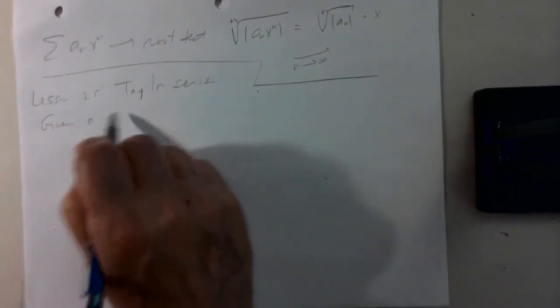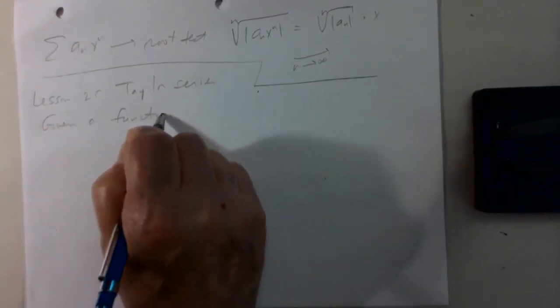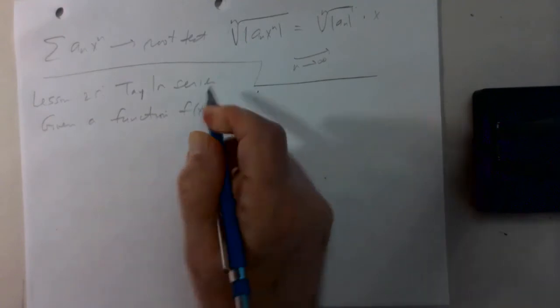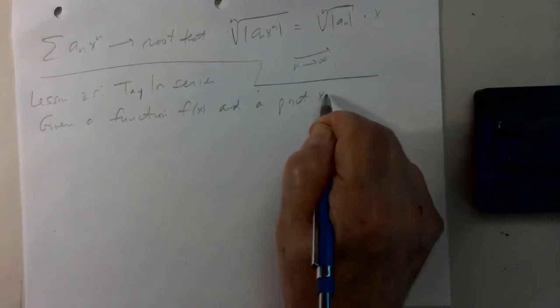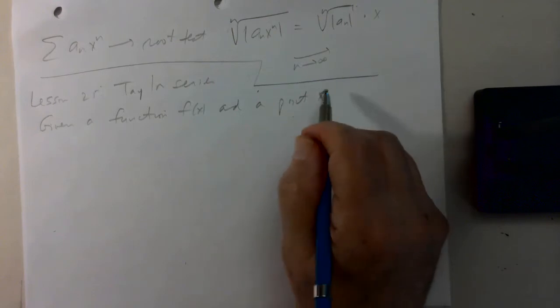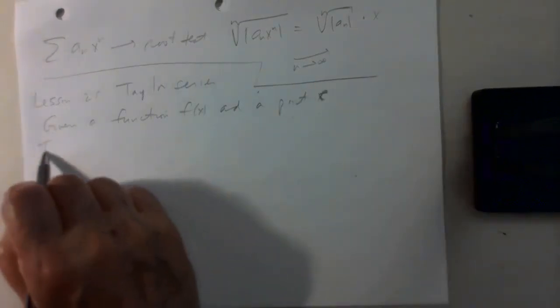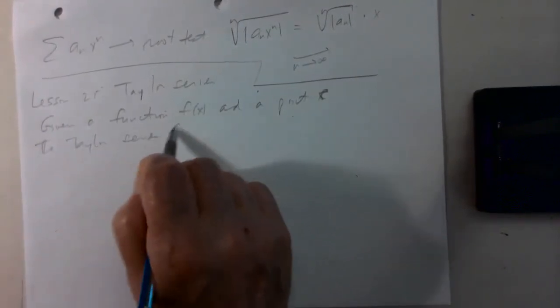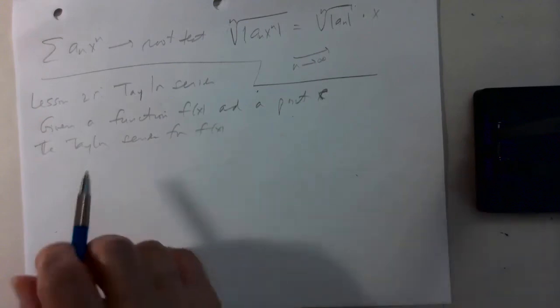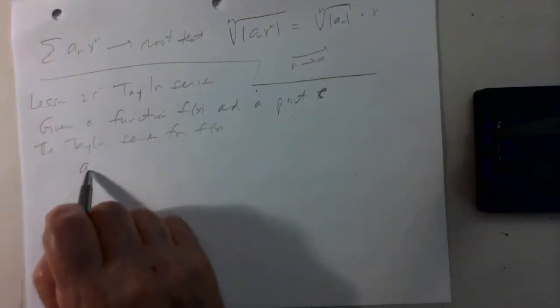So given a function f of x and a point c on the real line, we have the Taylor series for f of x. It's an infinite series.